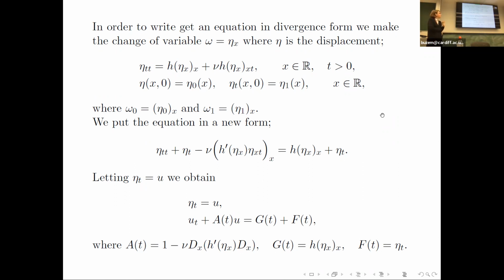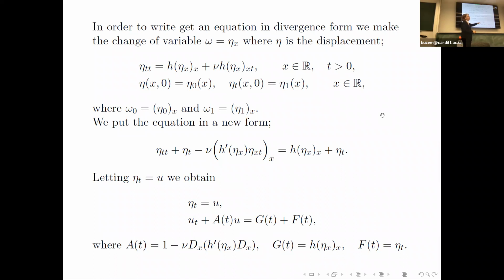It is advantageous because eta_t is u, that's fine. But look at the second equation. It is in terms of u, right? But here g has eta, f has eta, and unfortunately this a also has eta. So what can I do about it? It's an equation in terms of u, but the way that we solve it is the following. We will treat the second equation as a variable coefficient heat equation. But we can only do this if eta is given. So what we do is, you give me an eta, I will fix it.